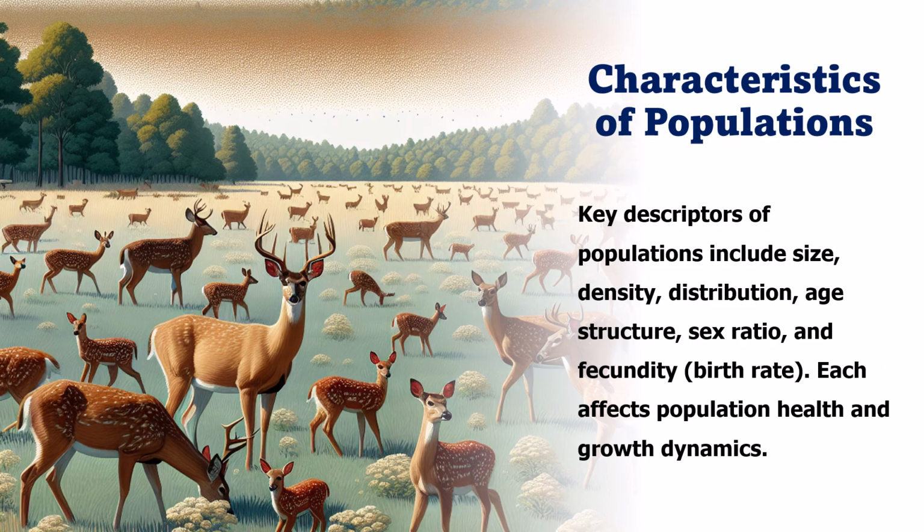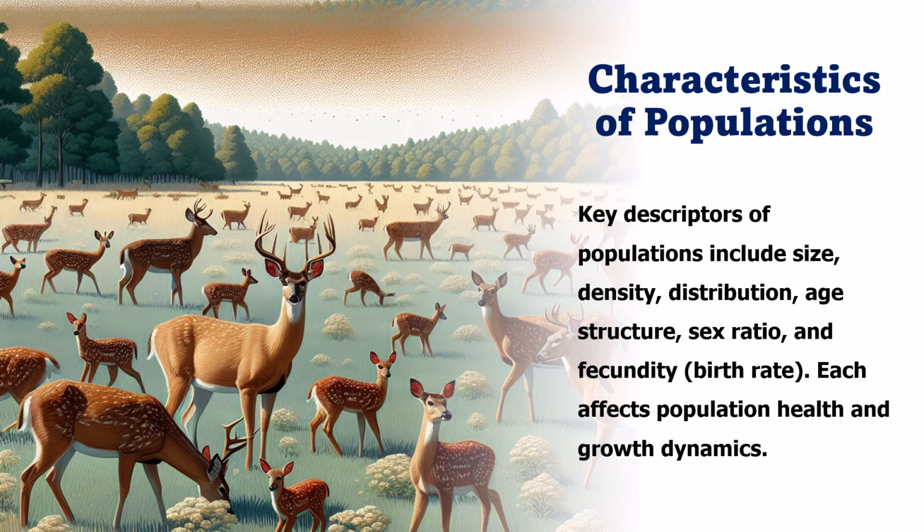Populations are described by key characteristics such as size, density, distribution, age structure, sex ratio, and fecundity. These parameters collectively shape the health and dynamics of a population. For example, an unbalanced sex ratio can lead to reduced reproduction, while skewed age structure affects growth potential.